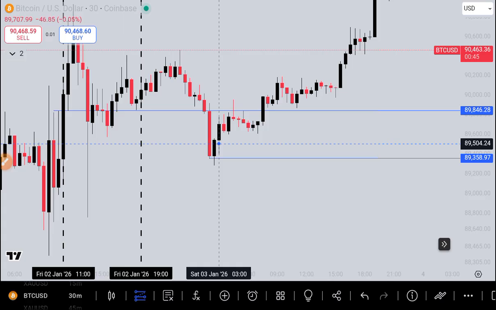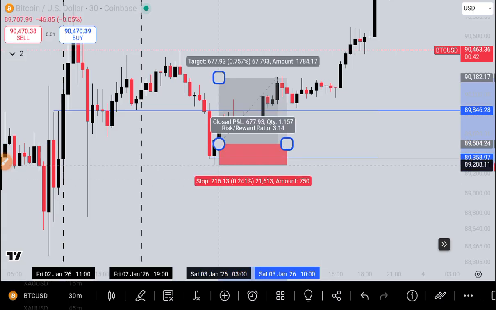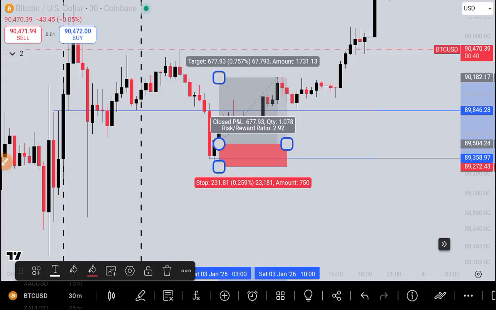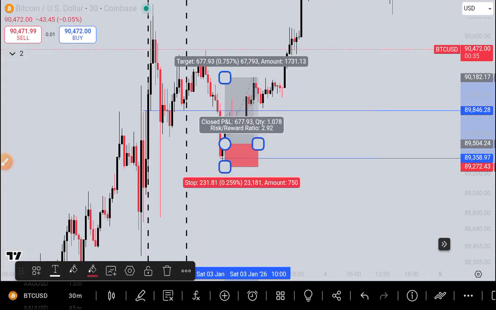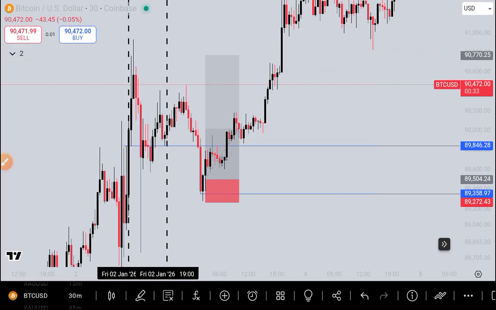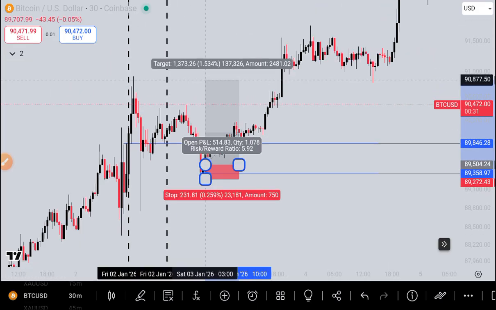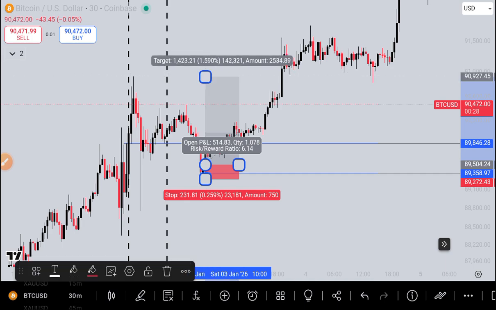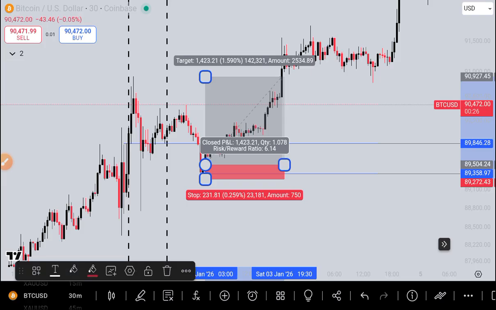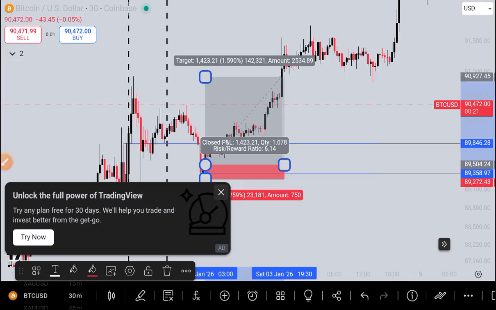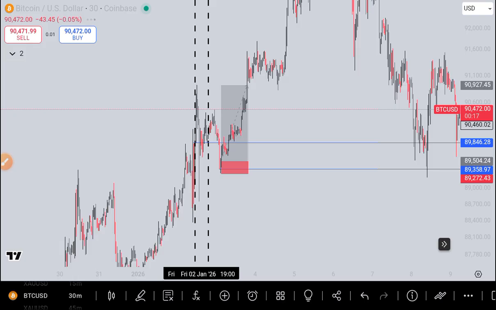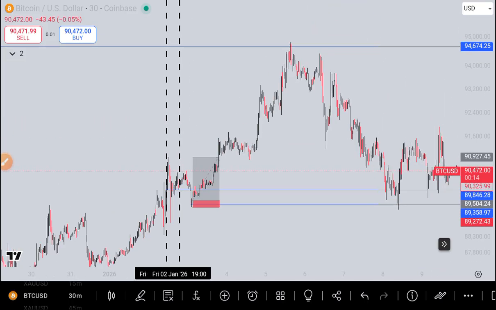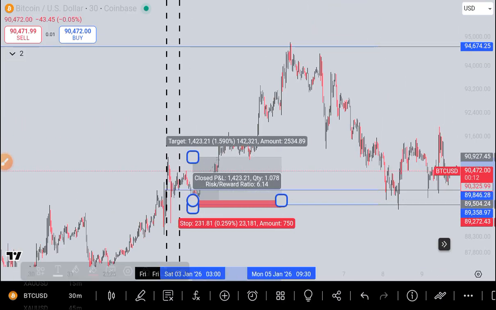So you could put your stop here, put this under here, and then you could decide to take the previous day's high, which is a very decent 6 hour, or you could be like me and decide to just swing it to the target.